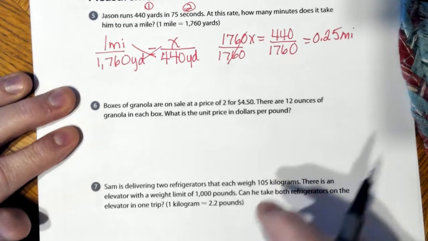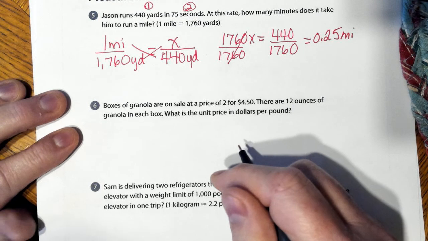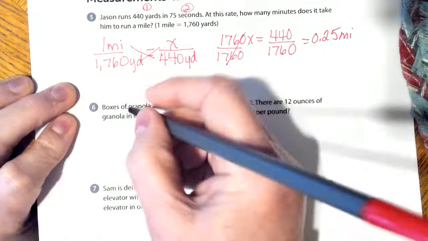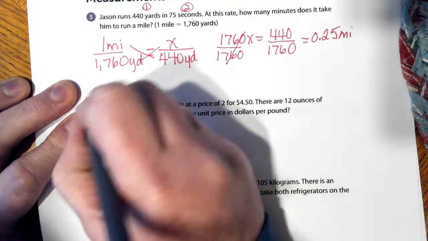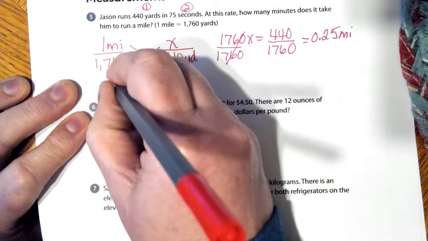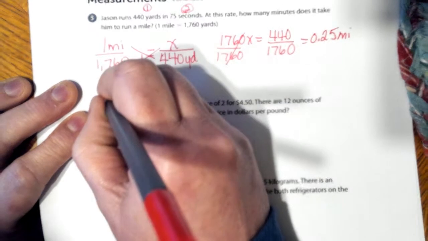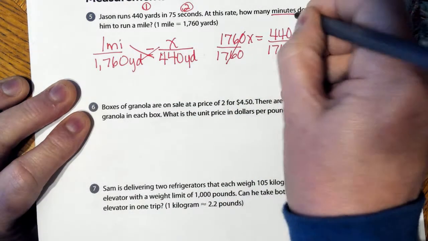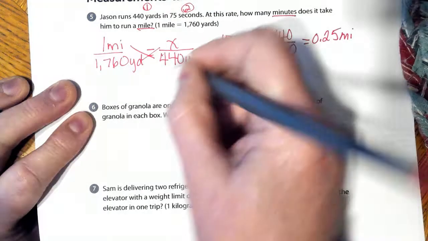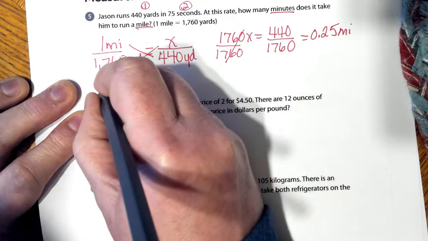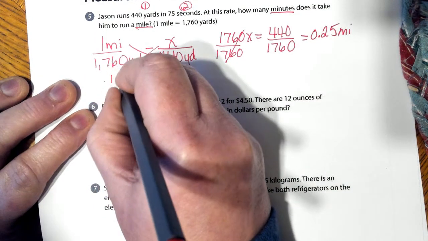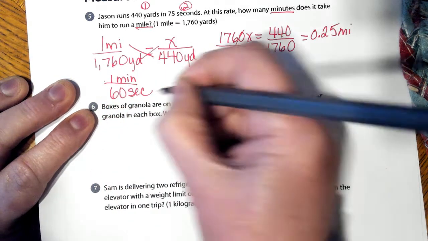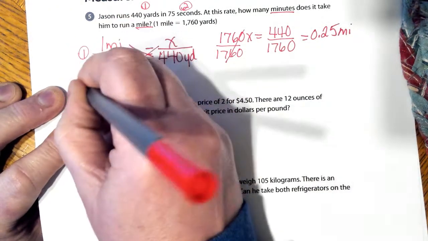Now we have to do the conversion for the seconds and minutes. So the second conversion would be that there are 60 seconds in 1 minute. I'm going to do 1 minute is 60 seconds. Okay, so that's our second part here.